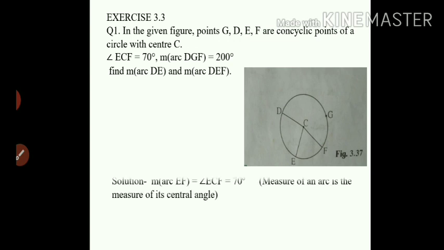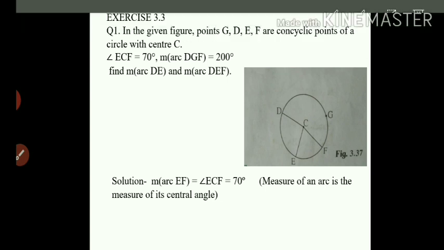So see students, measure of arc EF will be equal to angle ECF, which is given as 70 degrees, that is a central angle. So the measure of the minor arc will be equal to the central angle. So if ECF is 70, arc EF is also 70.